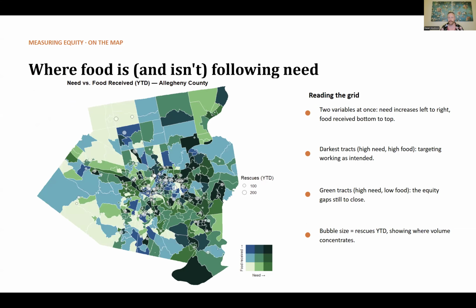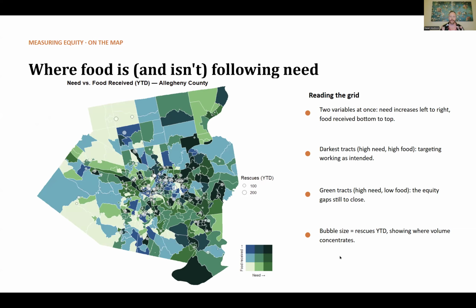You can do a lot of things with this, though, other than just routing that and measuring the difference. Right here, we see a bivariate graph that also has our places that got food. If they got more rescues, then they're bigger bubbles. And you can see the tracts, how much food they got relative to how much need they have.